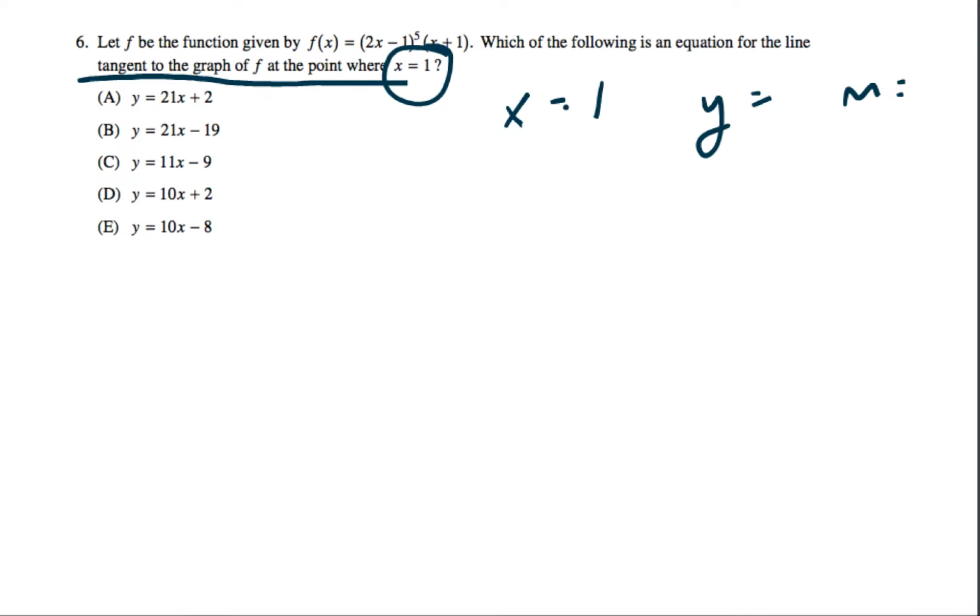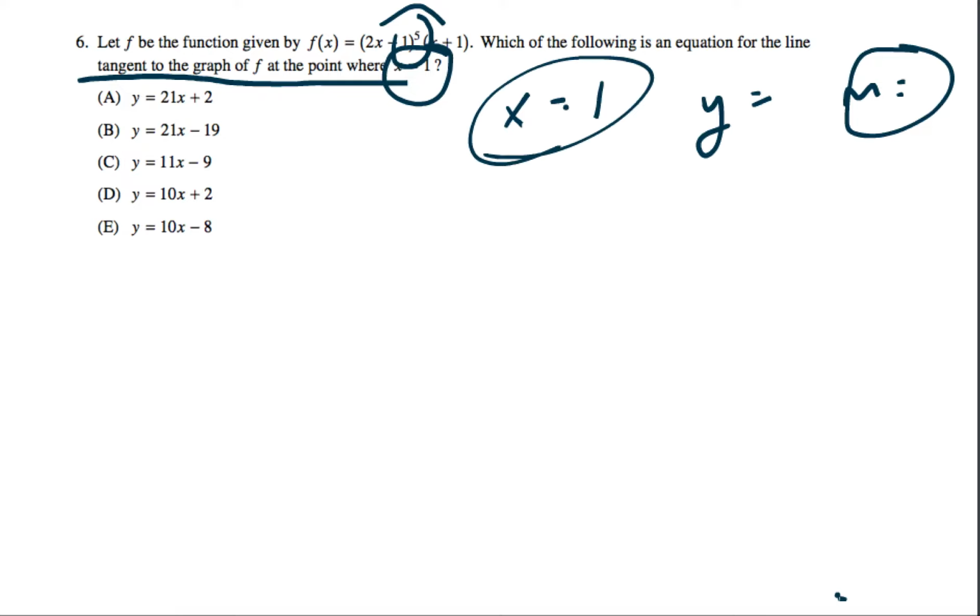And we're going to have to use derivative rules, as we always have to find m. However, our derivative is a function that has a product and a chain. So let's go ahead and first just get the easy part out of the way.